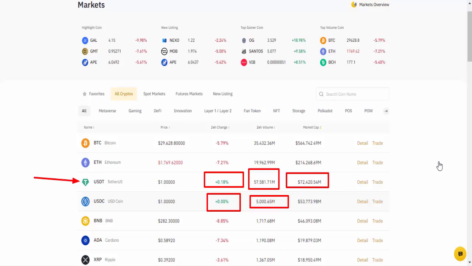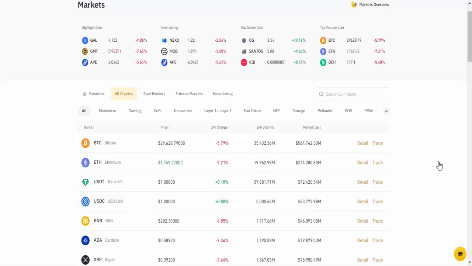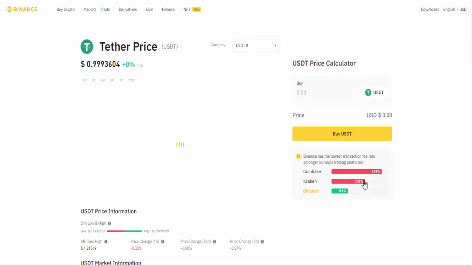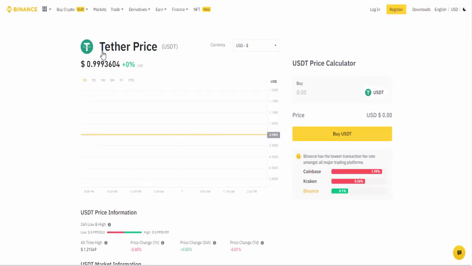This is the most famous coin and also one of the top best coins in cryptocurrency. Let's check out its details. This is called Tether, and the most common name used for this coin is USDT.